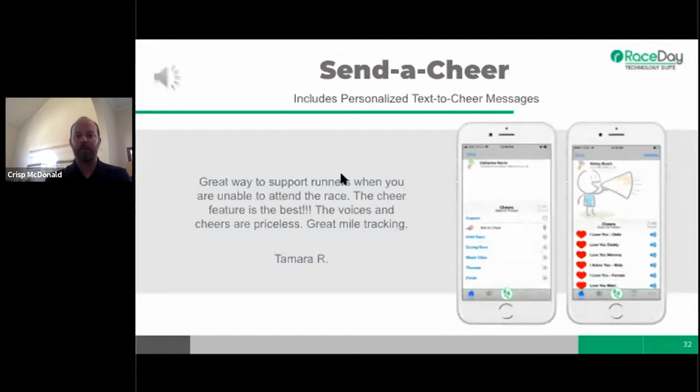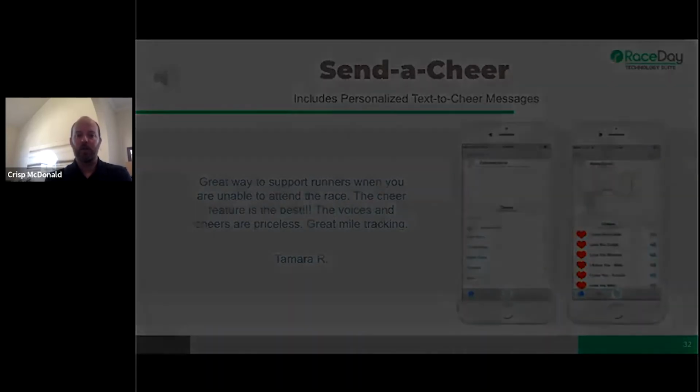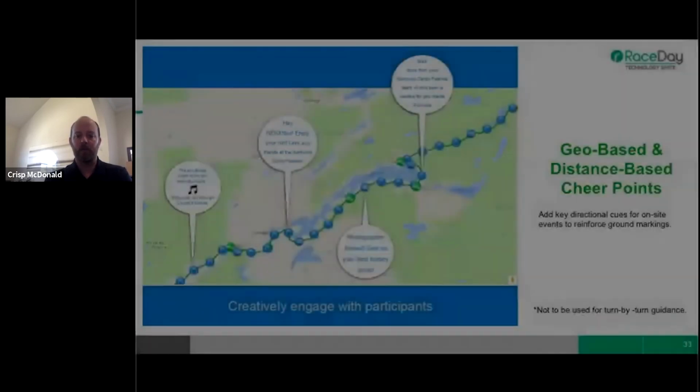So providing an experience like this where the friends and family can still cheer them on, but not be exposed to each other, is a fantastic, responsible way of providing a cheer point for people to cheer folks on, because the training is no different this year from last year. They're still pushing it as hard as they can. So ideally they get as close to a great race experience as they would have had regardless.